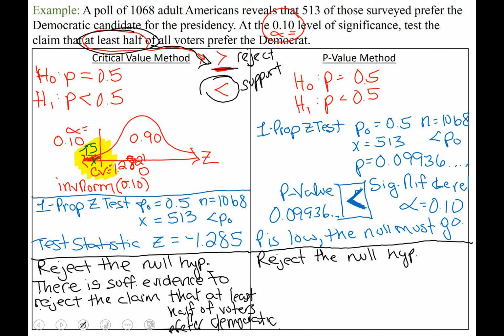And then it is time to write our final conclusion. We always start with the word "there." We decide between "is" or "is not," and that's based on reject leads to "is." Had it been fail to reject, it would have been "is not." Then we always say "sufficient evidence."